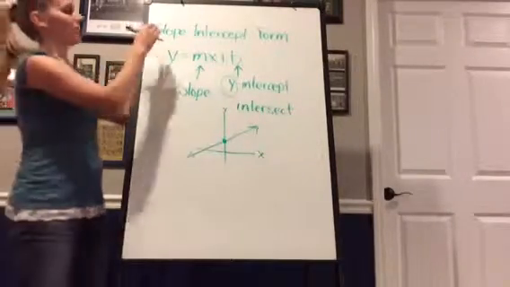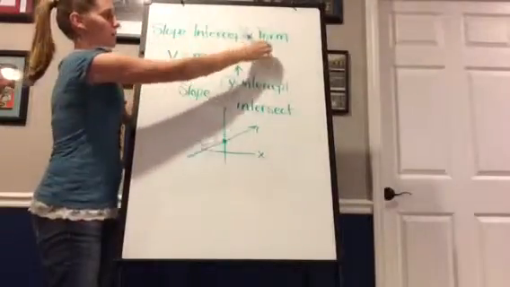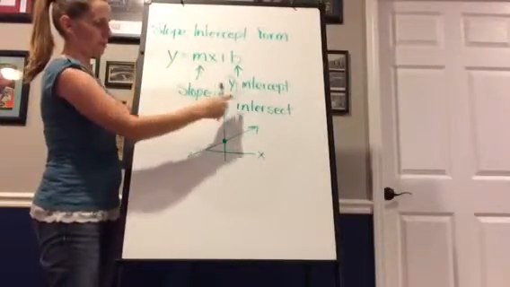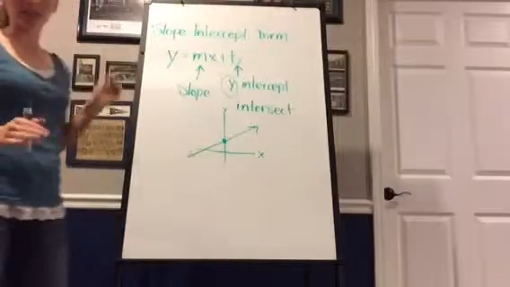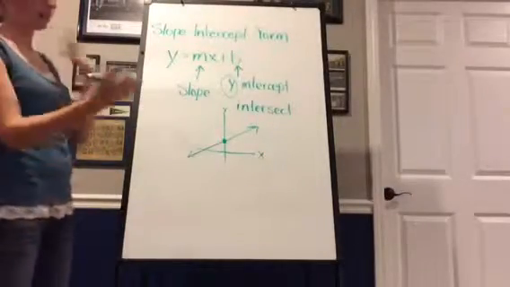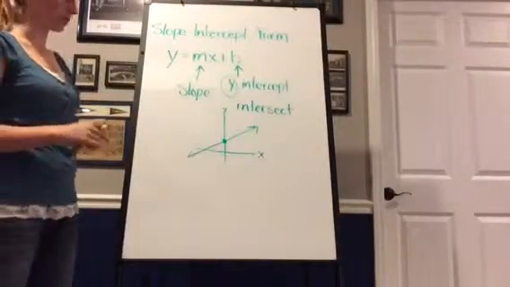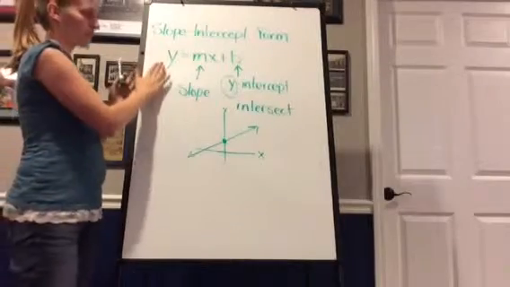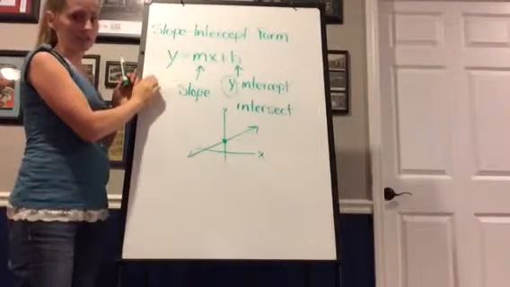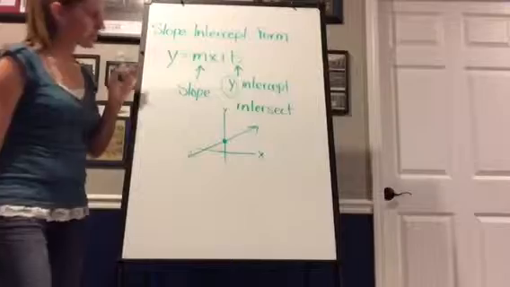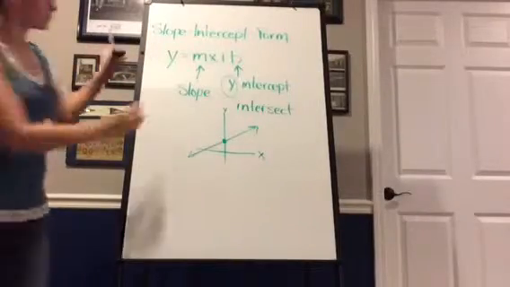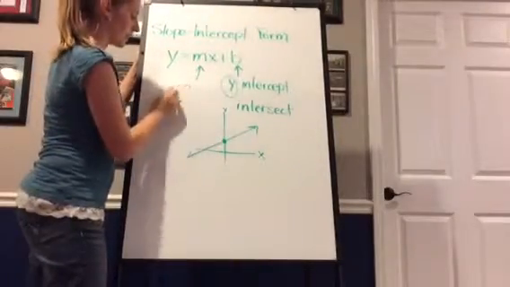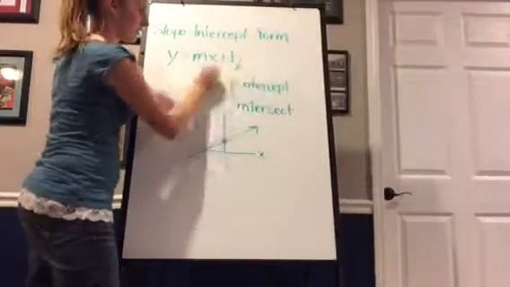So the reason why it's called slope-intercept form is because it gives you the slope and the y-intercept, as long as it's in this form. If it's not in this form, then you have to manipulate the equation a little bit. But today we're really going to be focusing on this slope-intercept form, so we're going to have problems in this form. So let's take a look at some examples.